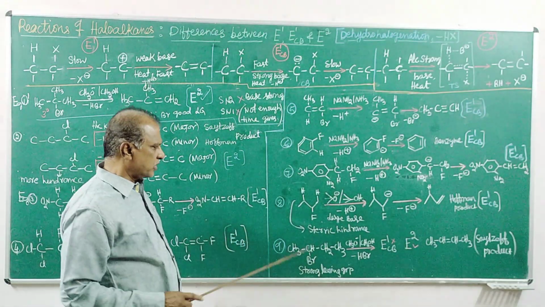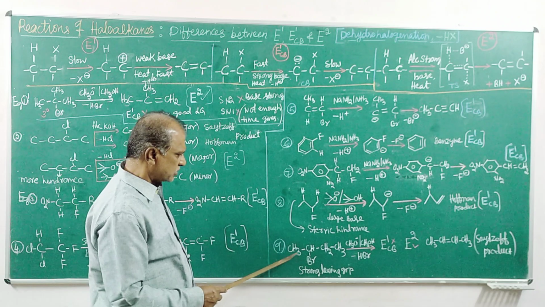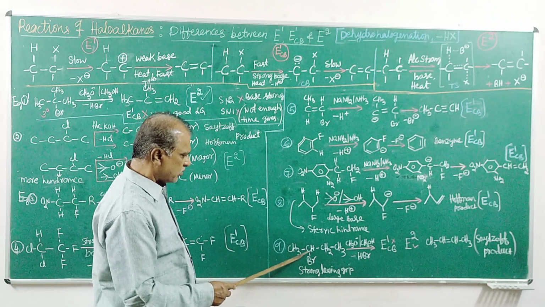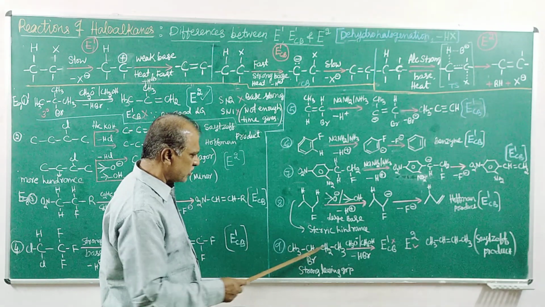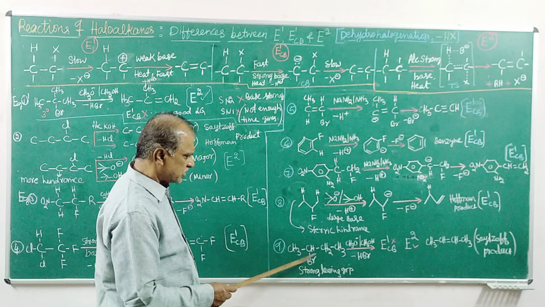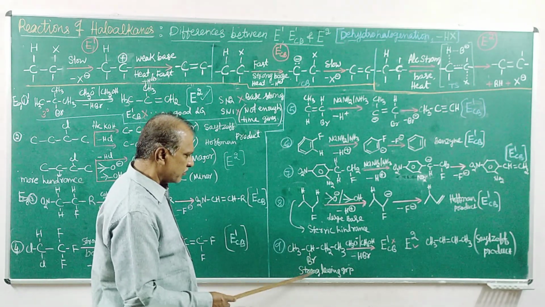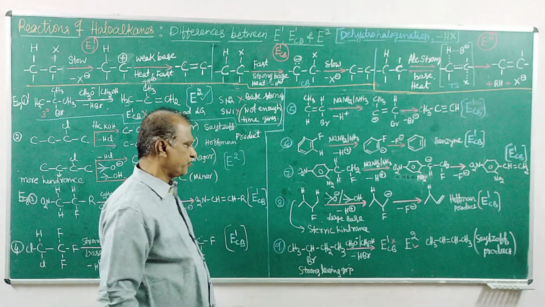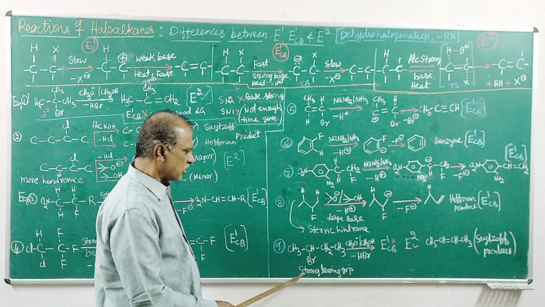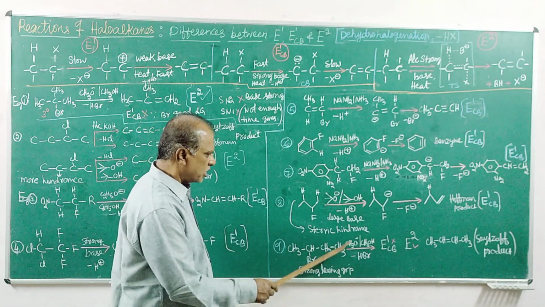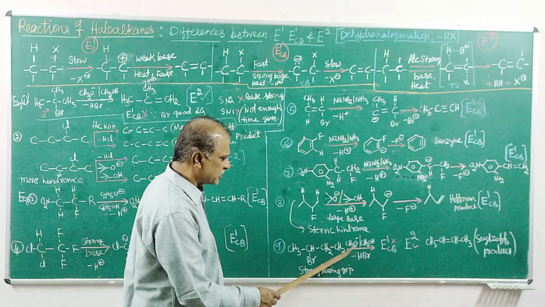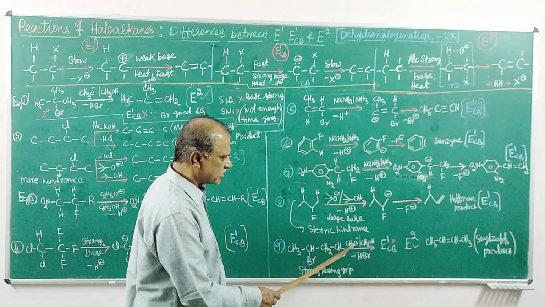And the last one, look at this carbon. The carbon with an ethyl group and a methyl group. This is of course a secondary carbon with Br, a strong leaving group. Br is a strong leaving group, and it contains the action of a base, a very strong base, methoxide.